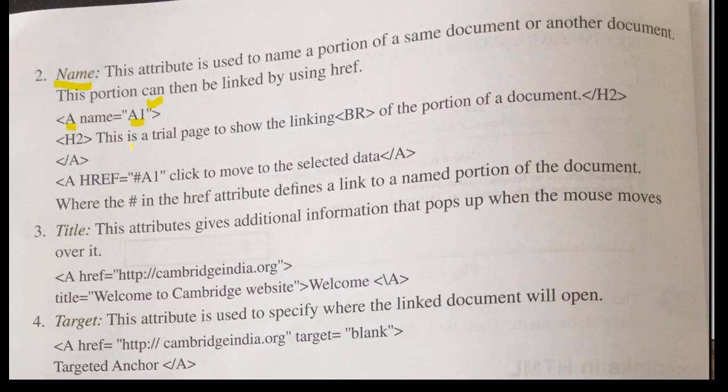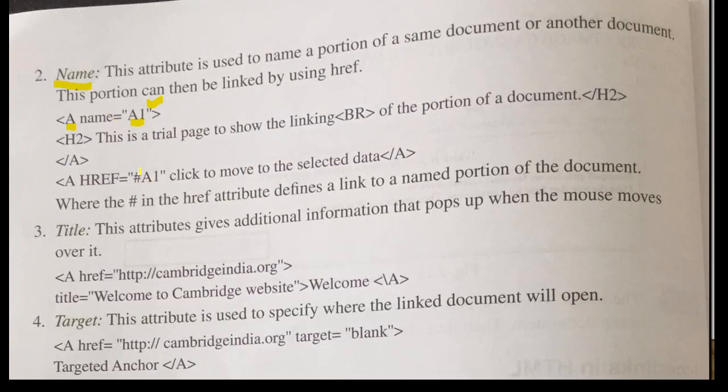In this example, you can name it A1. Then you can call this using the anchor tag followed by the href, then the hashtag, and then the name of the reference, A1.